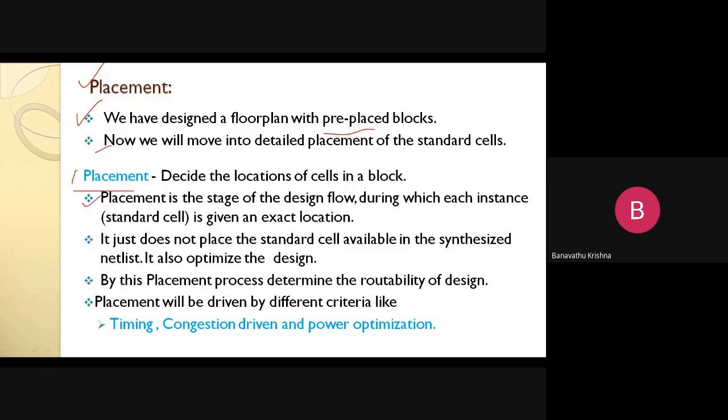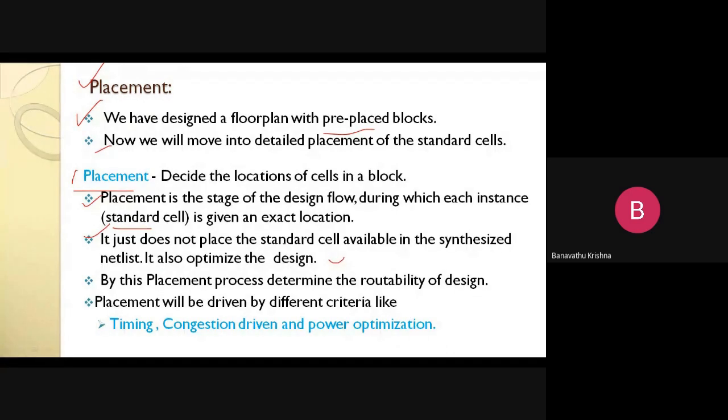Placement is the stage of the design flow during which each instance is given an exact location, right? Each instance, that is a standard cell, is given an exact location in the floor planning design. It does not just place the standard cells available in the synthesized netlist, it also optimizes the design.